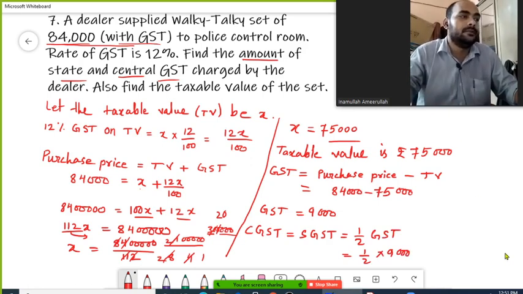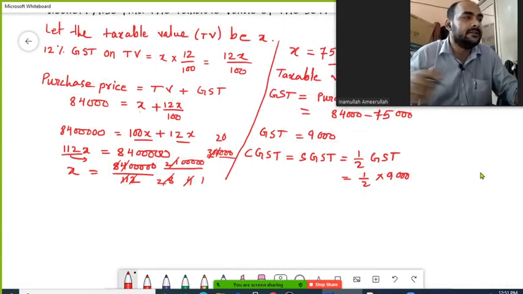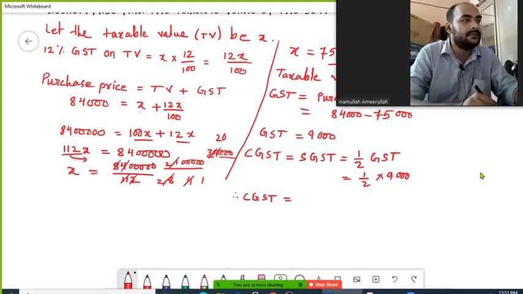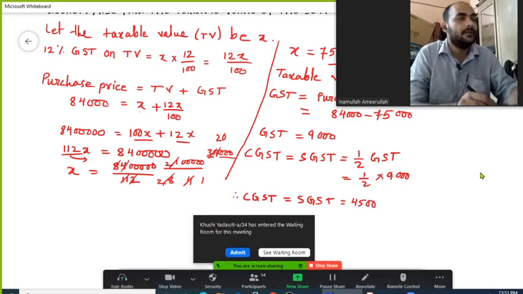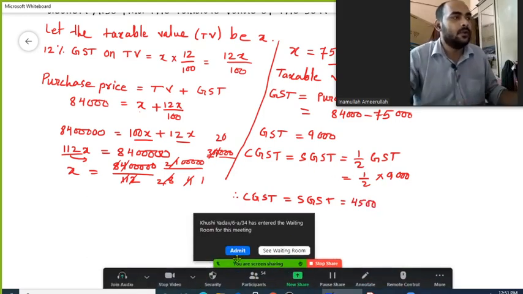So CGST and SGST each is 4,500. So this is your final answer. CGST is equal to SGST, and each is 4,500. This is your solution. Hope it is clear to everybody.